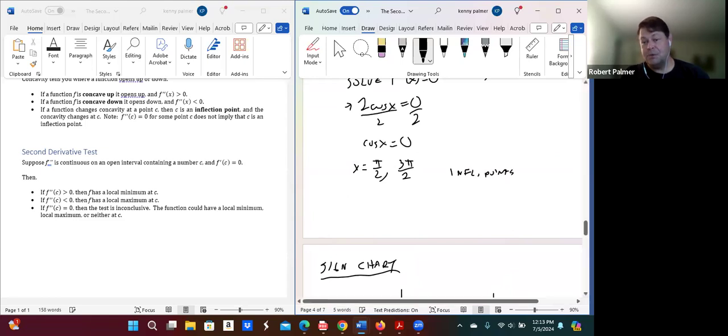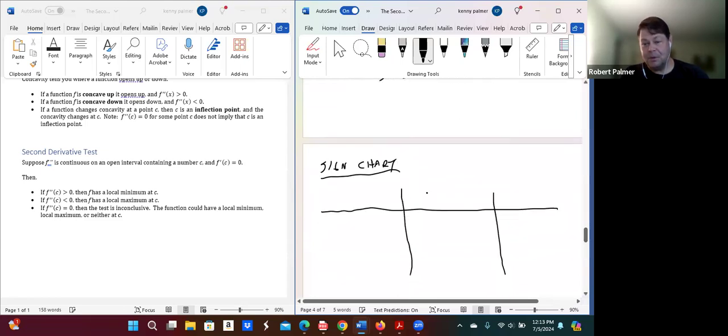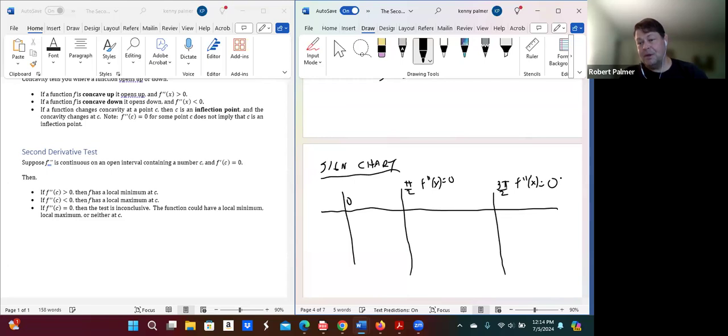We should have two of those, pi over 2 and 3 pi over 2. And once again, at these points, f double prime of x is 0. Remember, we're only going from 0 to 2 pi, so that's all we care about.